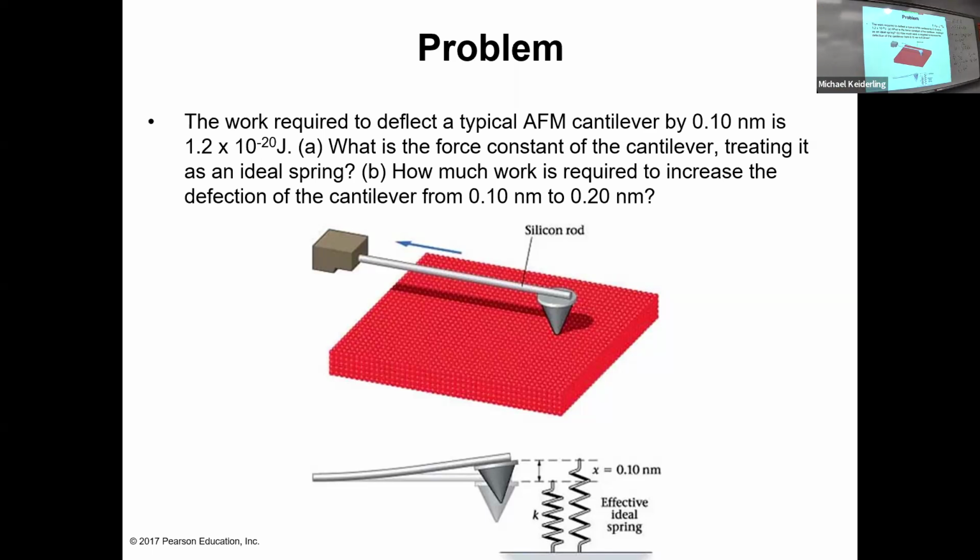And how much work is required to increase the deflection of the cantilever from 0.1 nanometers to 0.2 nanometers? The appropriate equation, work is 1/2 kx squared.